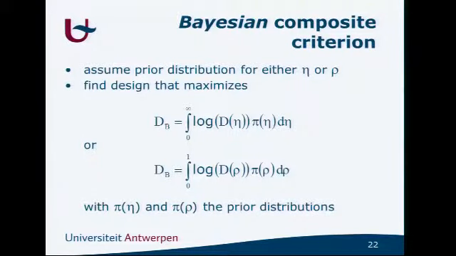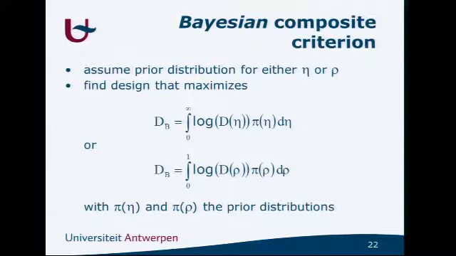For the dependence on eta or rho, we use this pseudo-Bayesian approach or semi-Bayesian approach involving a prior distribution for either eta or rho, and I denote the prior distributions like this: pi of eta or pi of rho. And the way we use these prior distributions can be seen here. Our first Bayesian composite criterion looks like this. We try to maximize the average log composite criterion value evaluated over the prior distribution for eta.